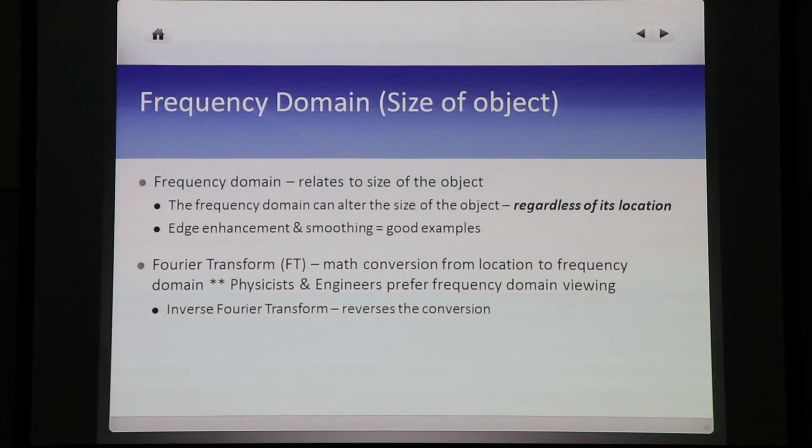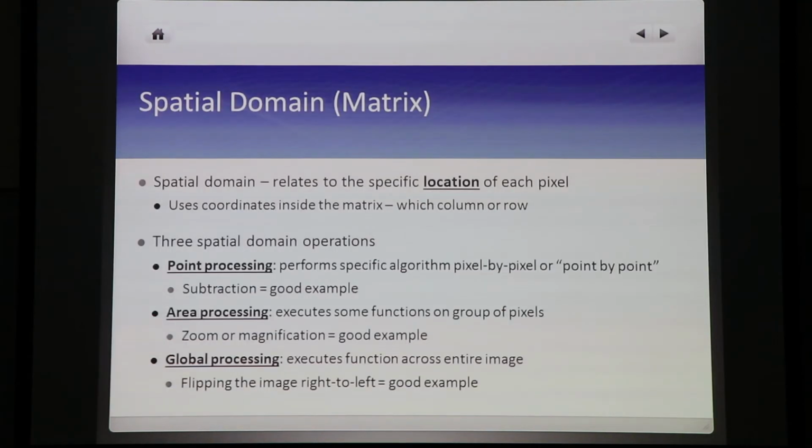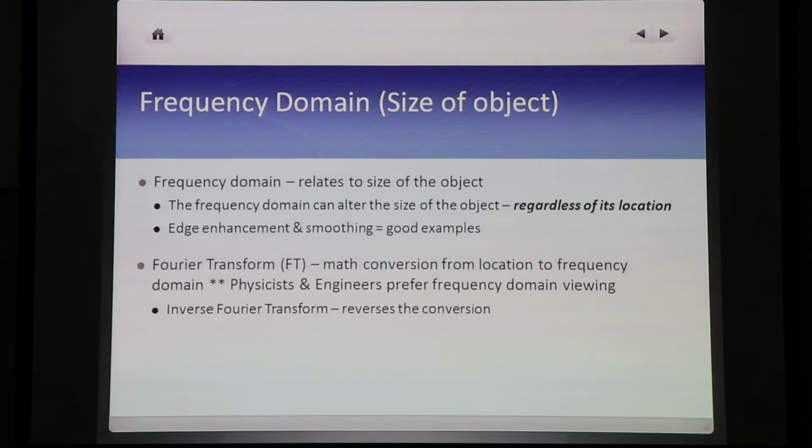Physicists and engineers prefer to look at the image and see what's happening at this. This tells them a lot about what's going on with the image. It doesn't tell us anything, okay? But that's how physicists and engineers look at it. So if they see this, they want it changed into the frequency domain so that they can see what's going on with the system. That's basically what that means.